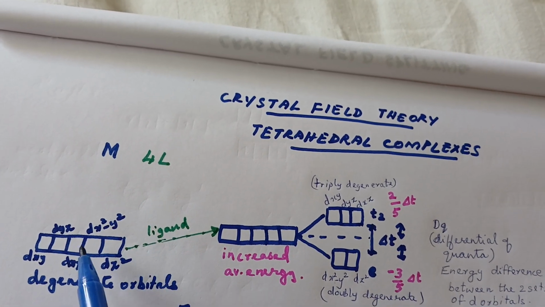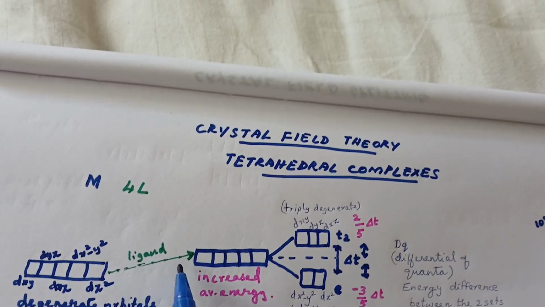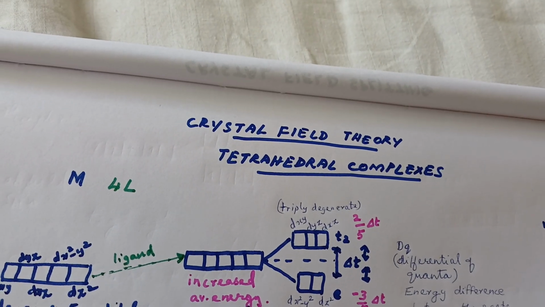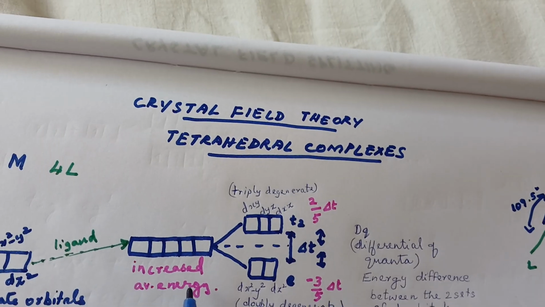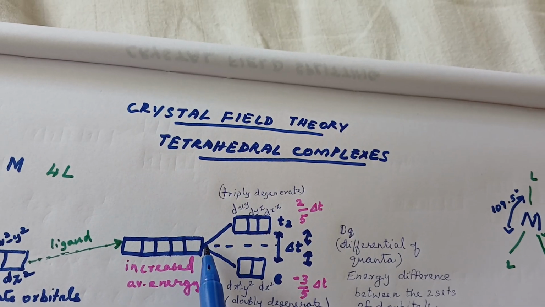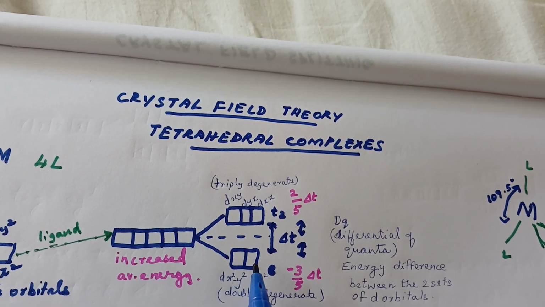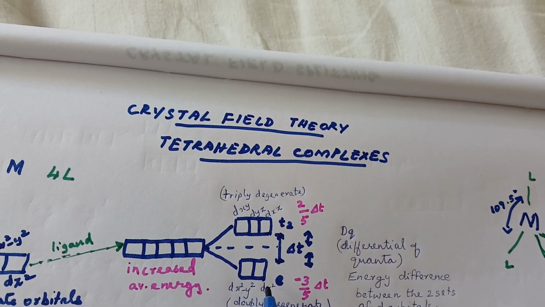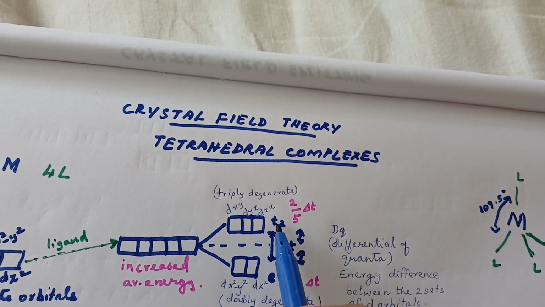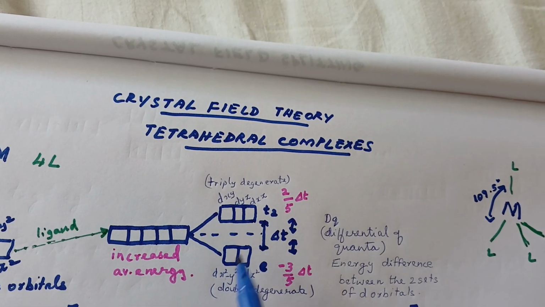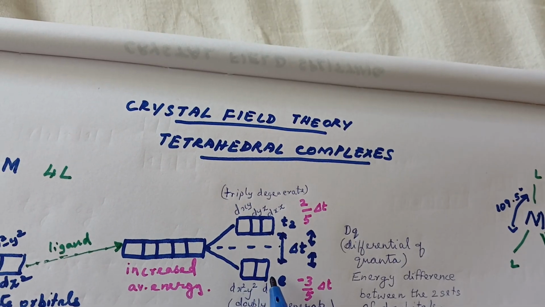When a ligand approaches the degenerate orbitals, it will have an increased average energy, and then the orbitals split into 2 sets. One having 3 orbitals and the other having 2 orbitals.